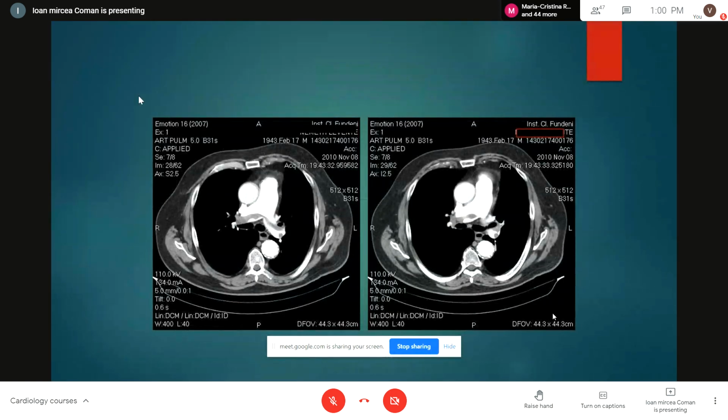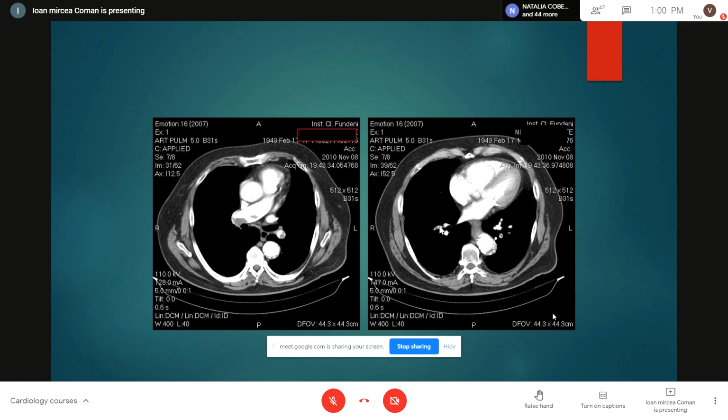As you see here in these images, yes, this is the pulmonary trunk, the two pulmonary arteries. This is the thrombotic material. You can see it. Yes, so it's a proximal thrombosis. Very large vessels are occluded, so probably the condition of such a patient is severe.